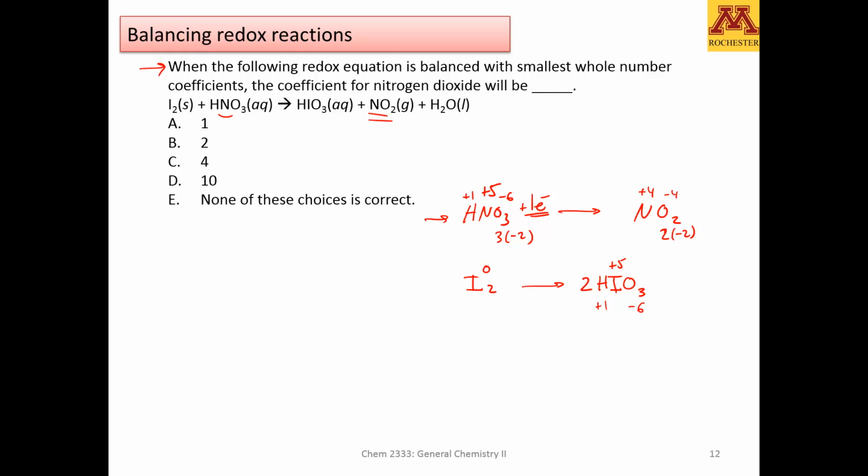But +5 times 2 is +10, because you have 2 of these, so there are 10 electrons leaving here, because you have 2 iodines losing 5 electrons each. So to balance these 2, this would be our oxidation, this would be our reduction. You need to multiply this one by 5.